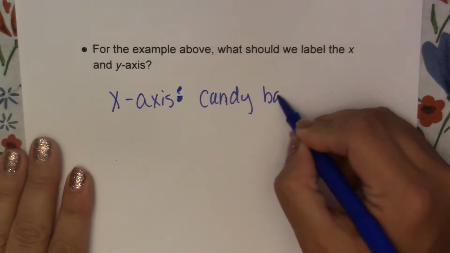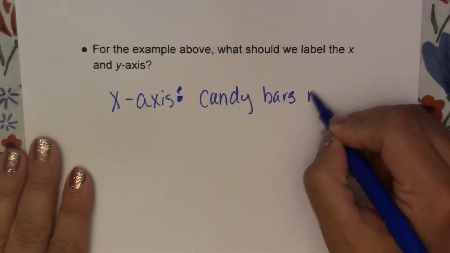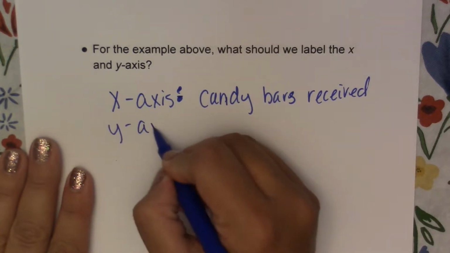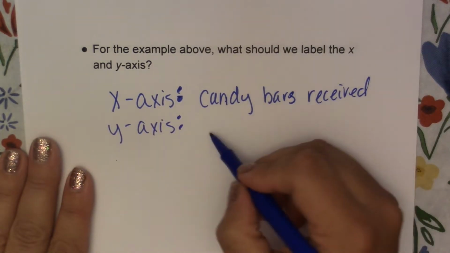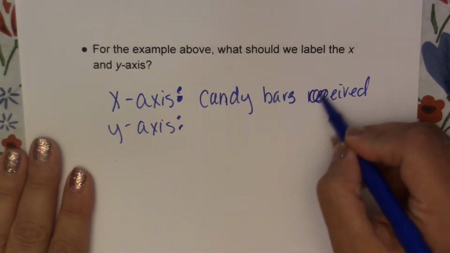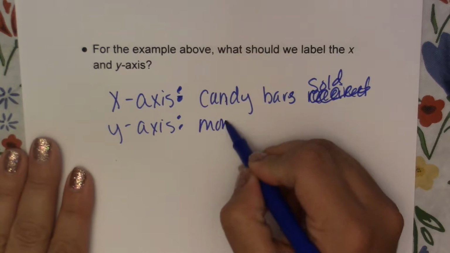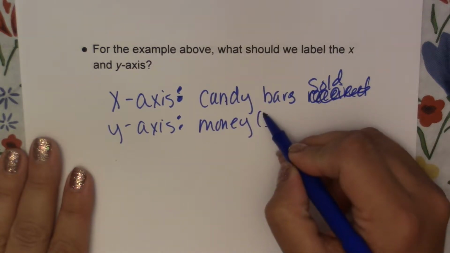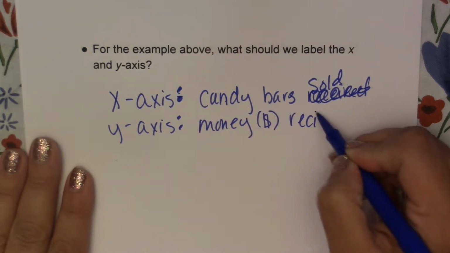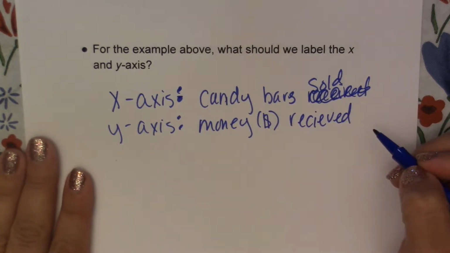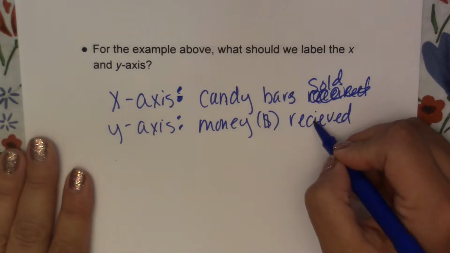And our y-axis is going to be money received. Oops, I think I switched those around. Sorry. There we go.